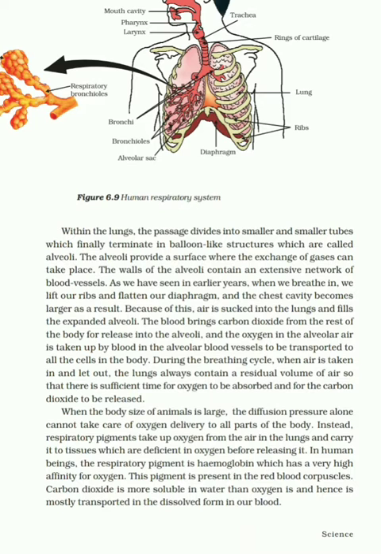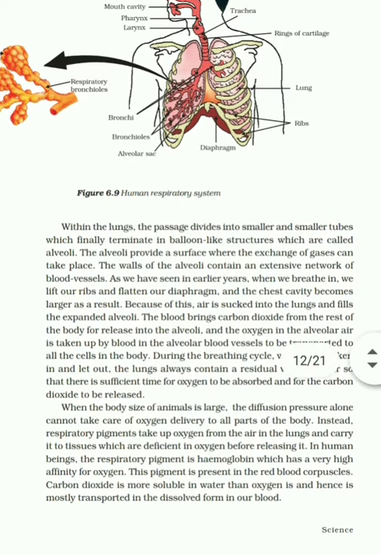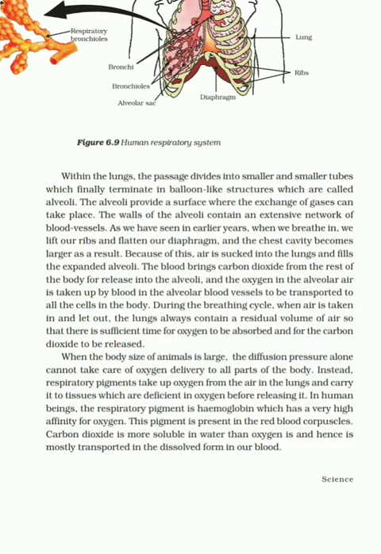Because of this, air is sucked inside the lungs and fills the expanded alveoli, which contain oxygen, and the blood brings carbon dioxide from the rest of the body, which is released at the site called alveoli. In other words, alveoli are the place where oxygen is taken in inside the body and carbon dioxide is thrown out from the body.